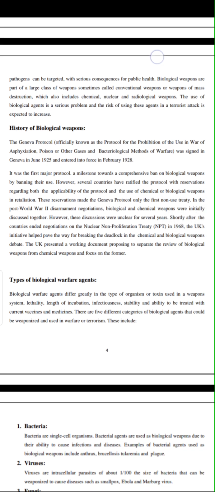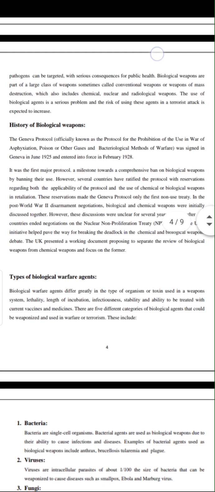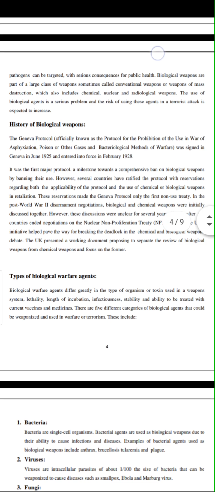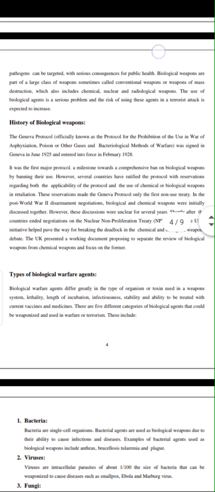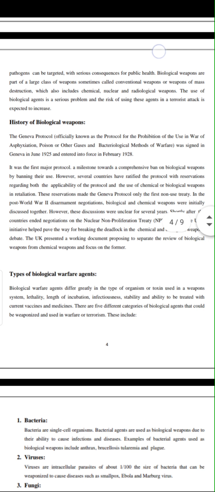It was considered the first major protocol, a milestone towards a comprehensive ban on biological weapons by banning their use, in which several countries ratified the protocol with reservations regarding both the applicability of the protocol and its use in retaliation. These reservations made the Geneva Protocol the first non used treaty.